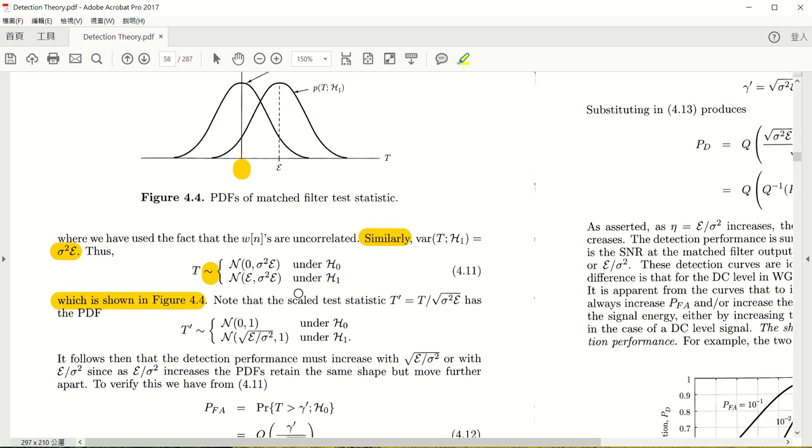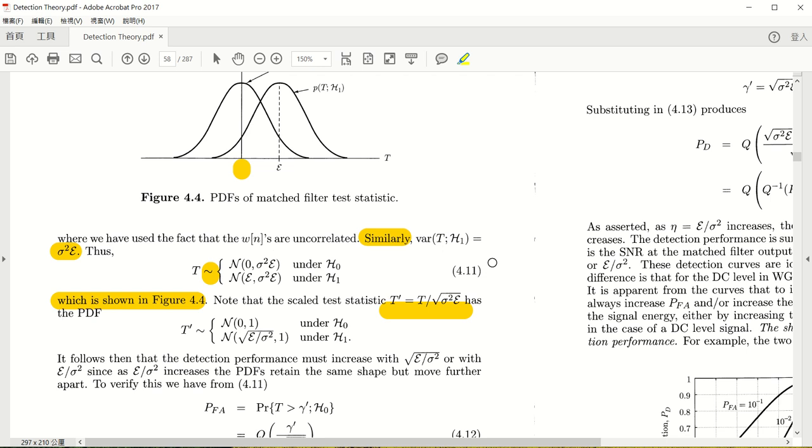Of course, we can do some change of variables. For example, here the scaled test statistic T prime. This is artificial, meaning that we do it intentionally. It's not something sophisticated.